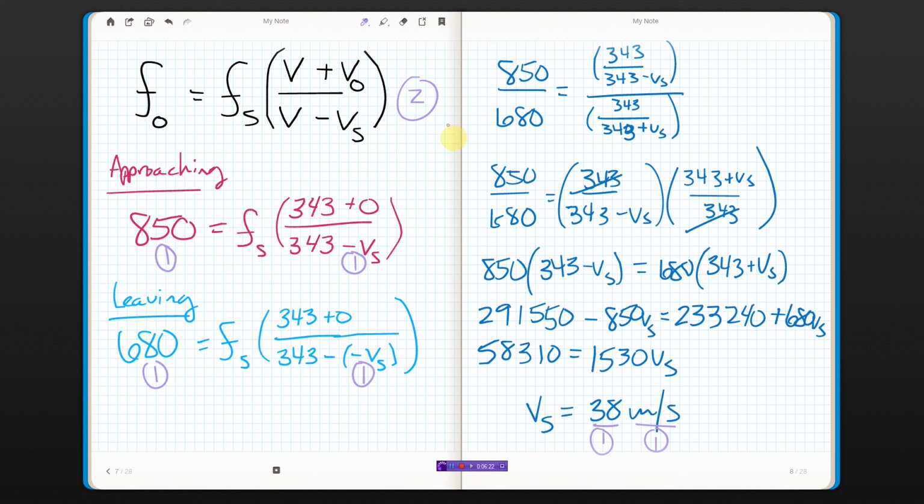So that gives us 2, 4, 6, 8. And then 2 points for somehow putting them together, for combining those two equations.